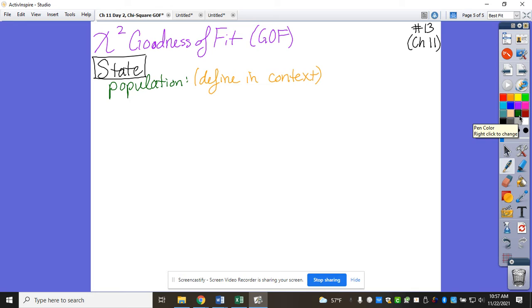Now, we are going to be dealing with a proportion of one variable split up between the different categories. So, we are defining pi, where i is my different individual categories, to be the proportion of something.